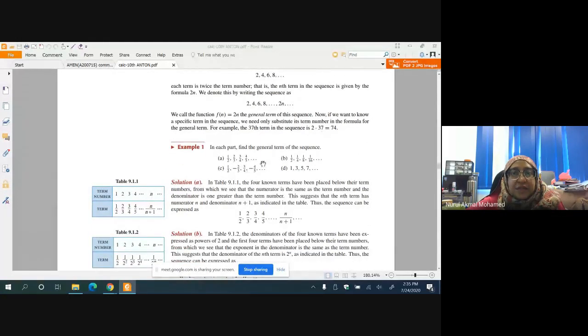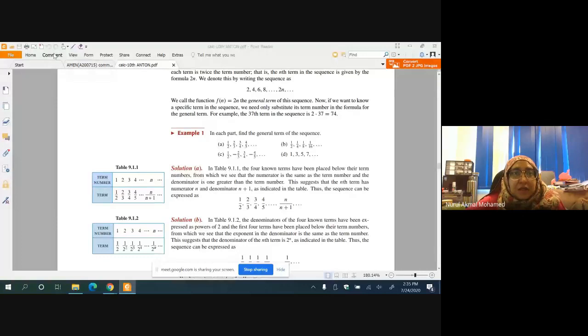If we are given the numbers which form the sequence, we can actually form the general term of the sequence. As an example, here we have 1/2, 2/3, 3/4, 4/5, and so on.